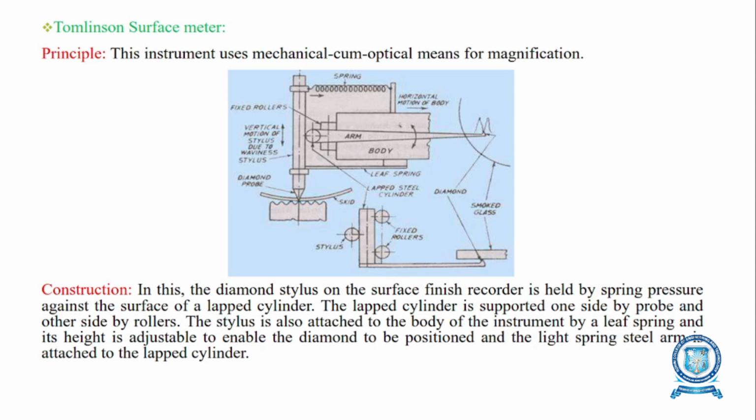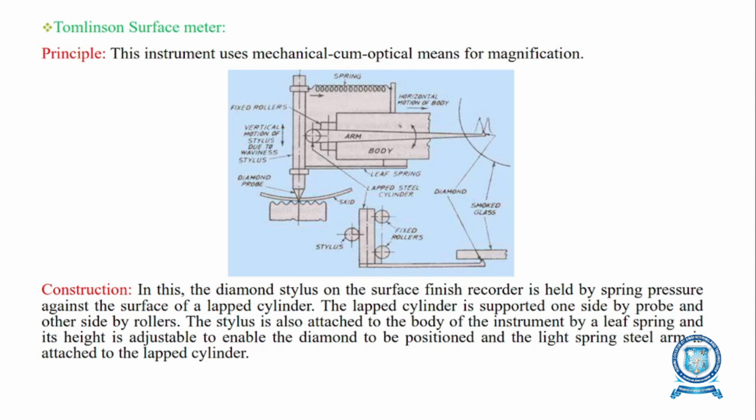If there is any deviation on the surface, this probe indicates the diamond scriber to mark a trace on the optical glass or smoked glass.